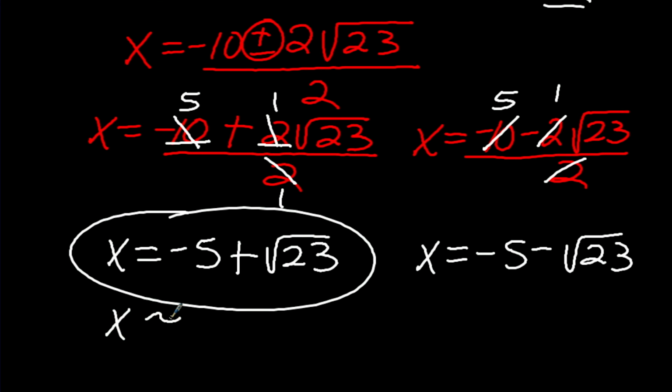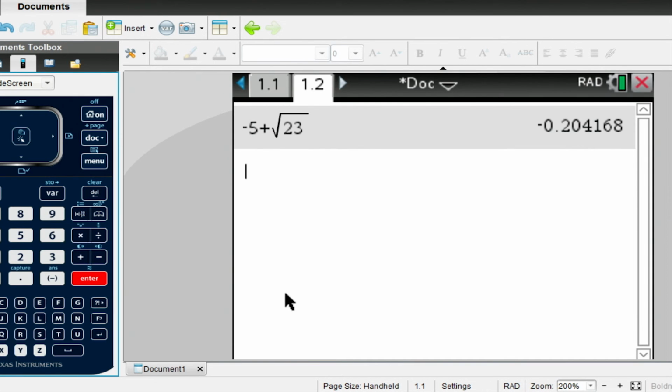So x is approximately negative 0.204. And then if I do the other one, I have negative 5 subtract the square root of 23. And that gives me a negative 9.79.